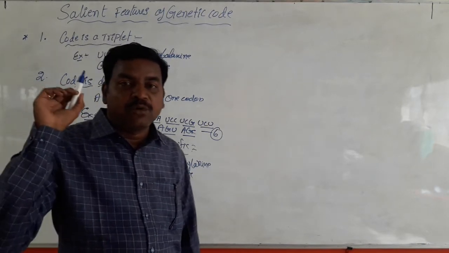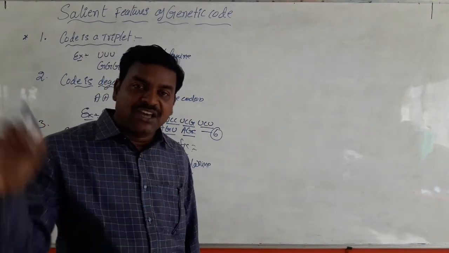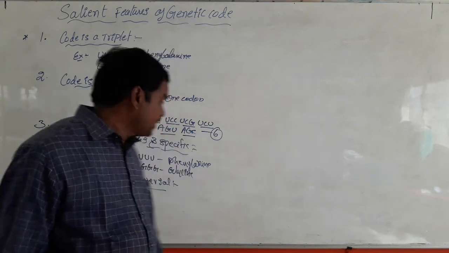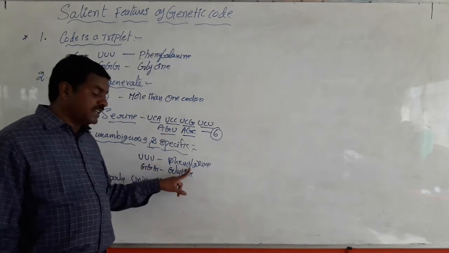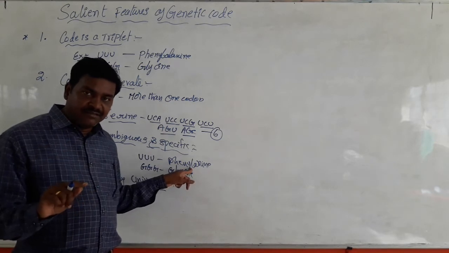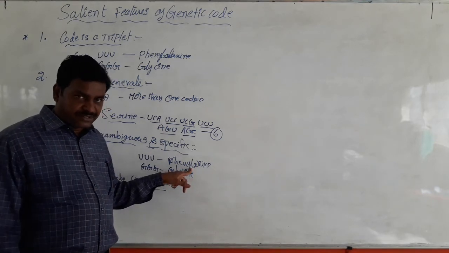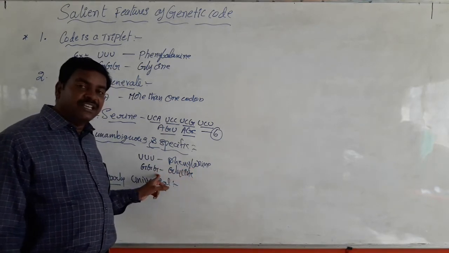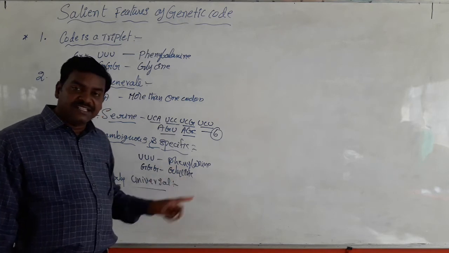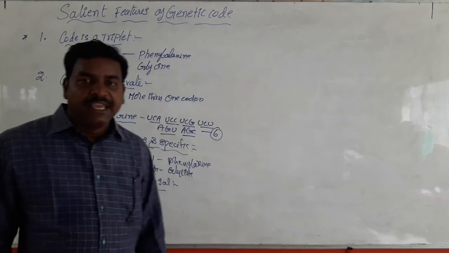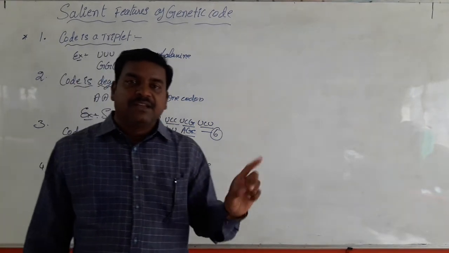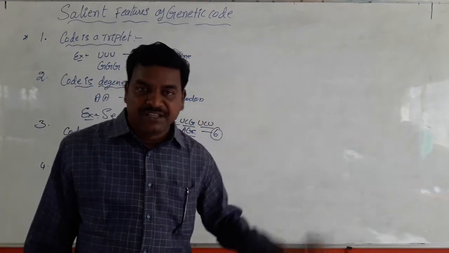For example, triple U is applied for the recognition of phenylalanine in all types of organisms. Similarly, triple G is used for the recognition of glycine in all organisms.